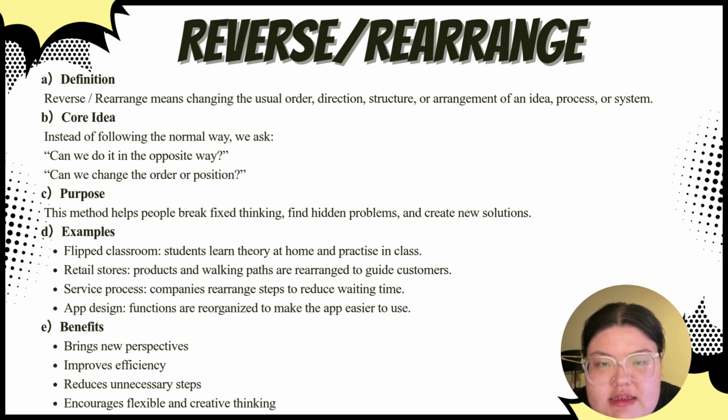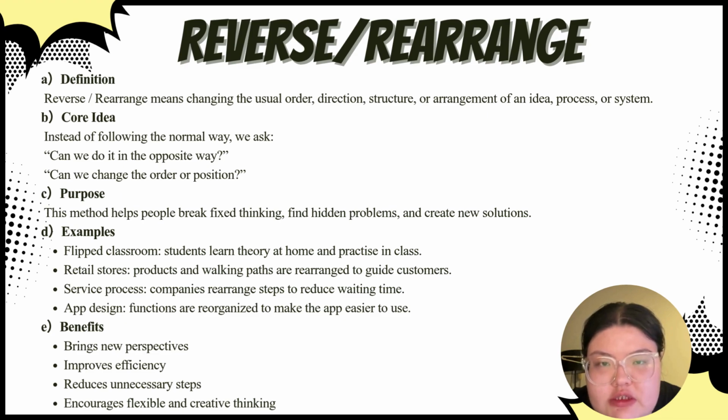Then they use class time to discuss, ask questions, and practice. This change makes learning more active. Students are not only listening passively, they can use class time to solve real problems with the teacher's help.